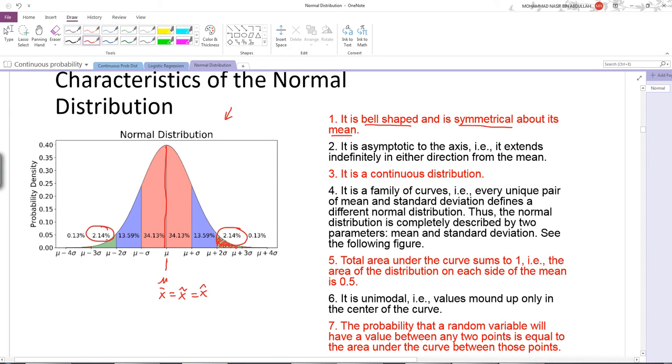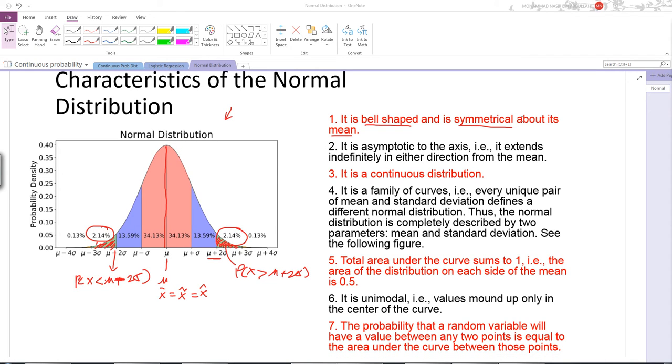The area on the left side is also 2.14%. It means that the probability of x more than mu plus 2 sigma is also equal to the probability of x less than mu minus 2 sigma, because the areas are the same, right?